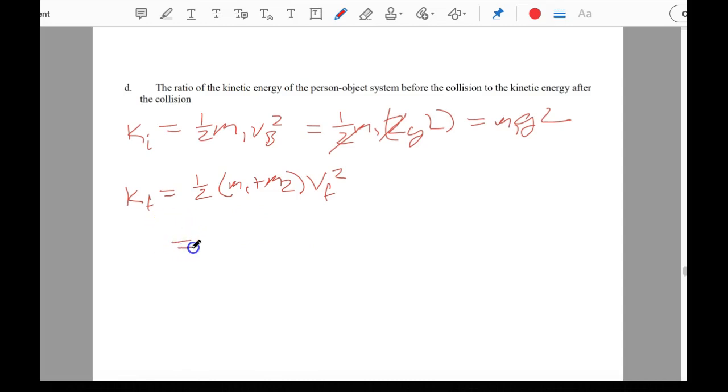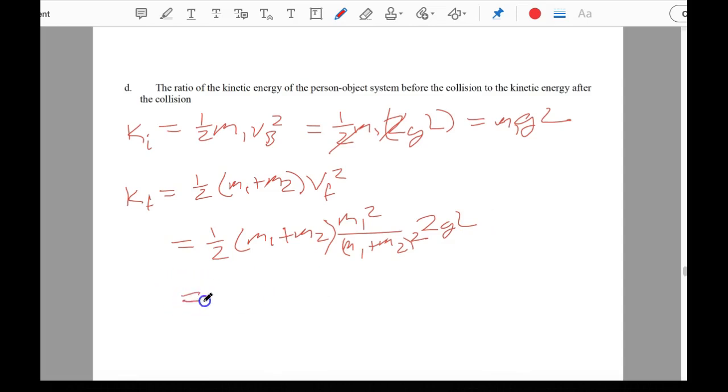So that is equal to 1/2 of m1 plus m2, and then we have to multiply that times our VF squared, which we said was m1 over m1 plus m2, and we have to square that because remember it's squared, and then we're going to multiply that times 2gl because it was the square root of 2gl.